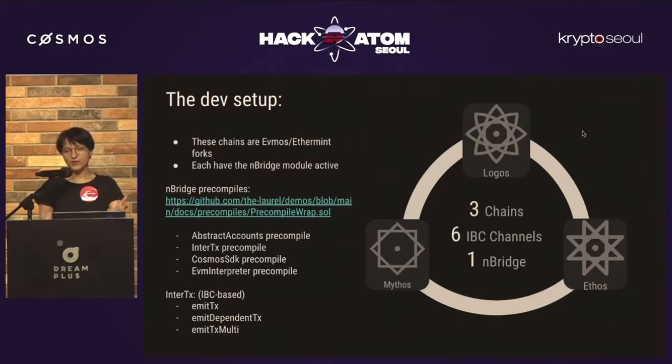You have emit dependent transaction, which allows you to do a transaction on your current chain and one on another chain, but they should be dependent on one another, so if one fails, the other one fails too. Also through IBC. And then you have emit transaction multi, which allows you to send from one chain transactions at the same time on many other chains that you have a routing of IBC connections between them.